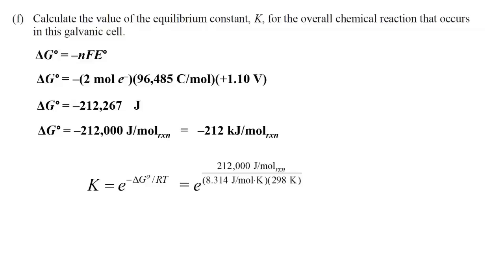Now watch out for numbers, units, and sign here. So notice that it was a negative delta G over RT. So because I have a negative times a negative, that now becomes positive.